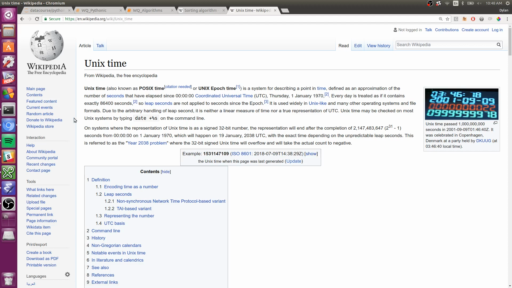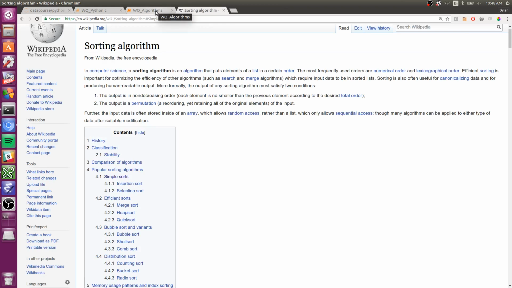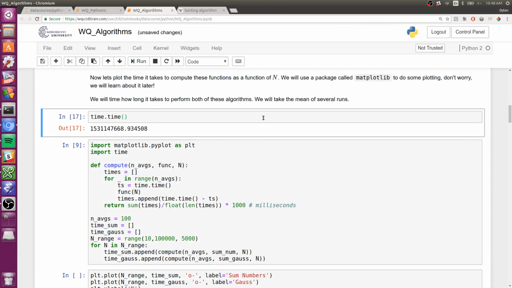So it's a common representation of time on Unix-based operating systems. So we see this time.time keeps changing as time moves forward.